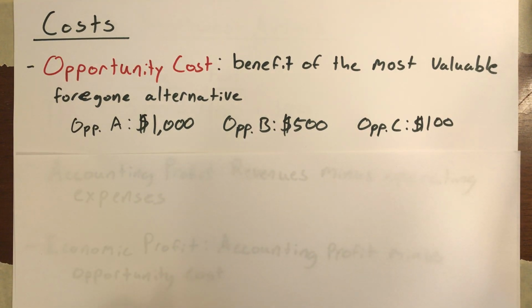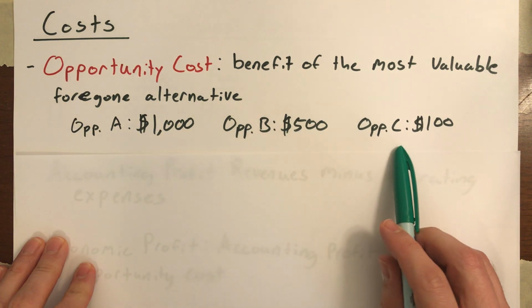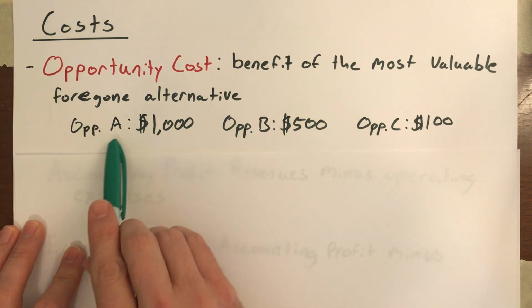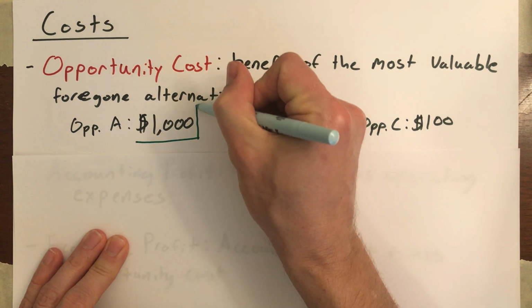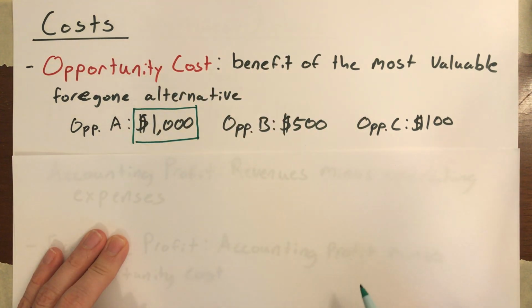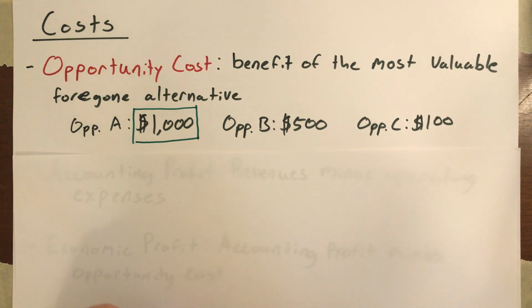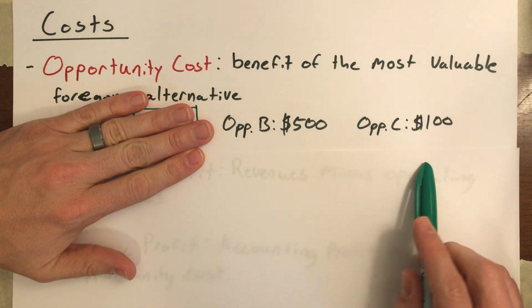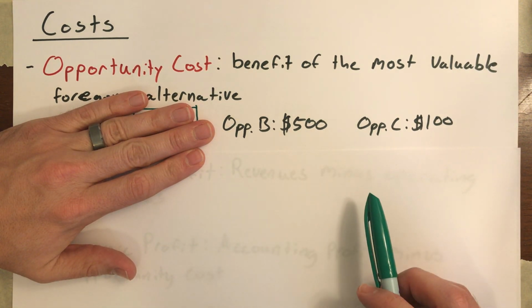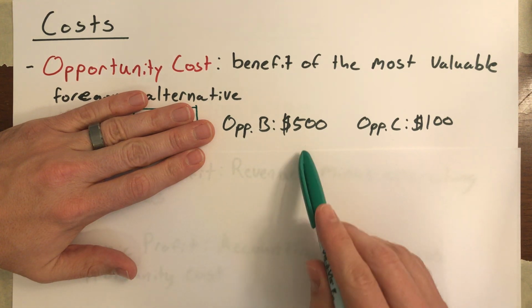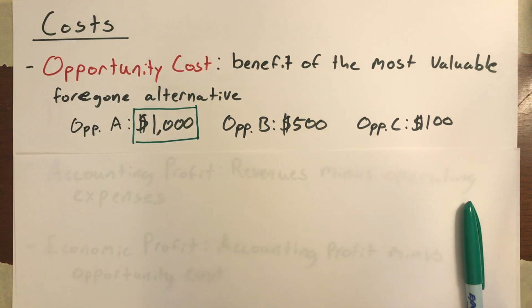Now, if you're a profit maximizer, it's pretty obvious to you which of these opportunities is your best opportunity. It's opportunity A, right? This is the one that you want to pursue. You'd earn those profits of $1,000. Your opportunity cost is, of the two options that you didn't follow, whichever one would have given you the most profit. The profit you would have earned would be the opportunity cost.